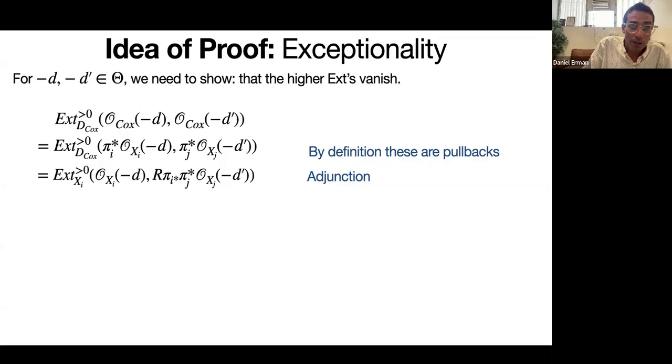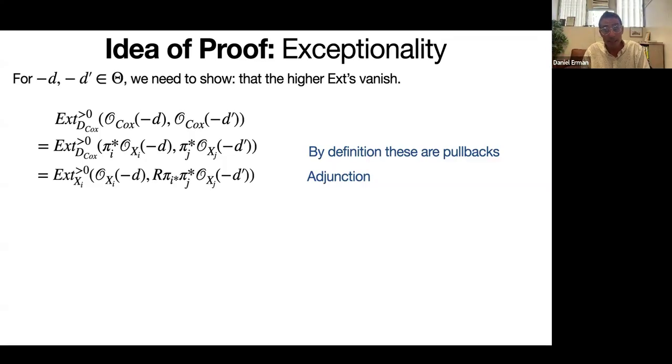So the kind of vanishing we need is like this one in the second line between some pullbacks, but then adjunction lets you turn an upper star into a lower star. By adjunction, I get to this next line. Now when I'm staring at it, I've got to get a vanishing Ext for a line bundle with respect to the Fourier-Mukai transform of another line bundle. That's what I'm looking at.